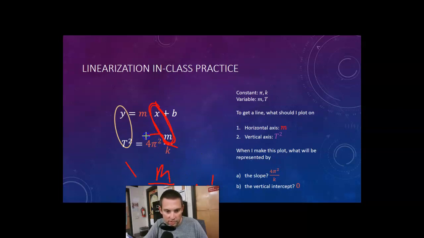Meanwhile, all of this other part, 4 pi squared over k, because remember it's 4 pi squared times 1 over k, is our slope. As an added bonus, we'll leave it at that.